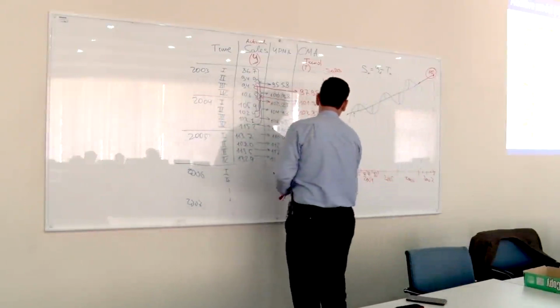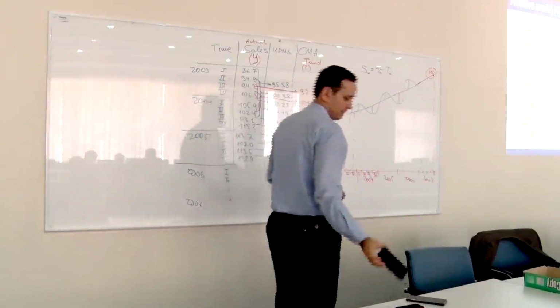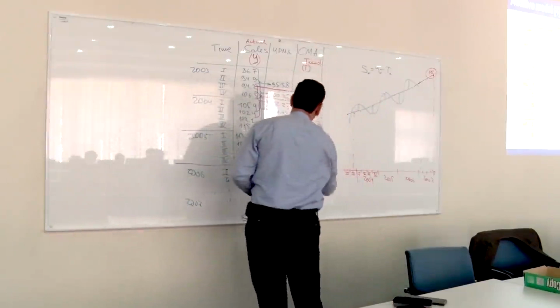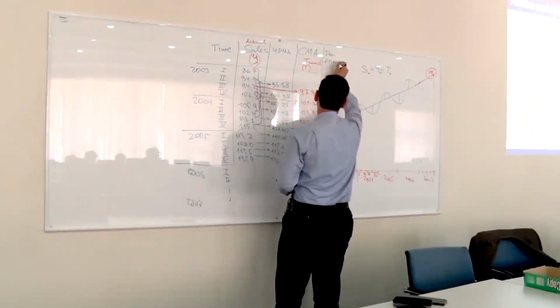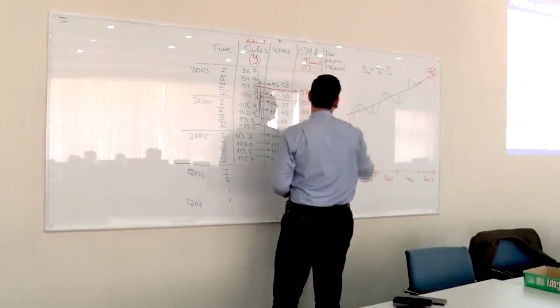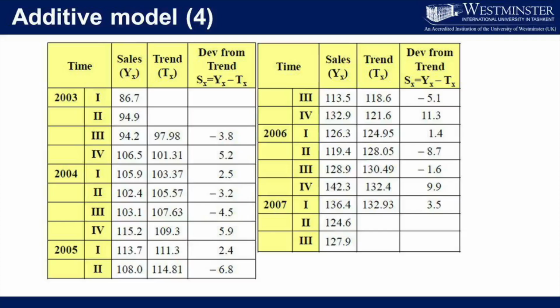We do it for each and every observation we have. Let's say I'm going to erase this part. So your next column would be deviation from trends. So let's look at the slide. To find S, what was the first number for trend? This is 97.98.